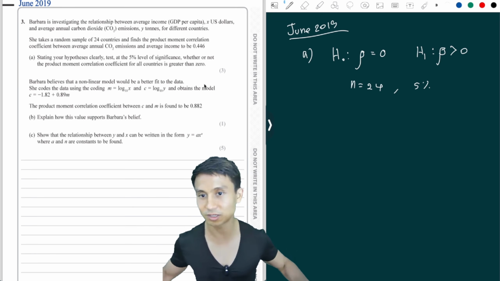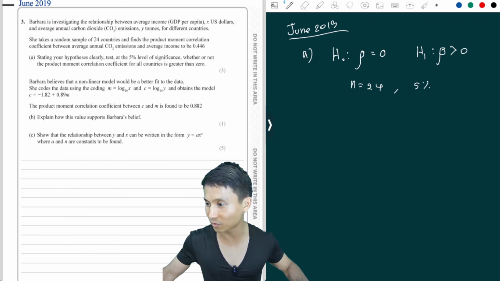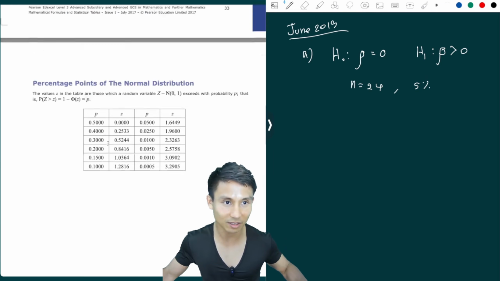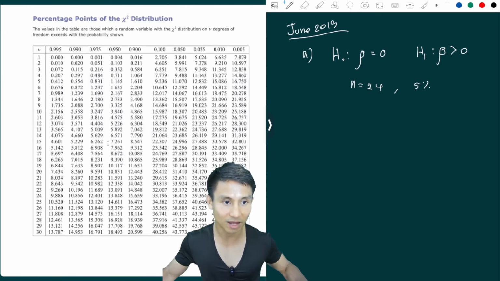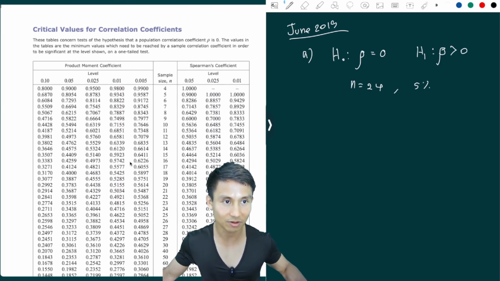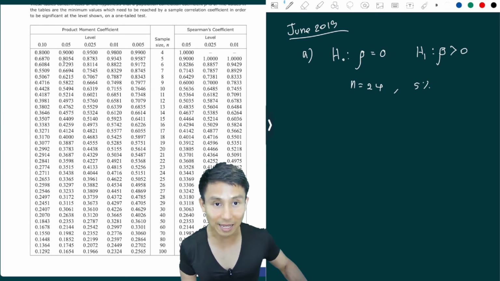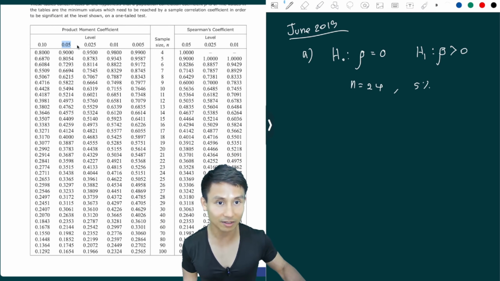So we look at the formula sheet. We're going to look at the critical value for correlation. So 5%, here we look at the product moment coefficient, not the Spearman. That's further statistics, I believe.